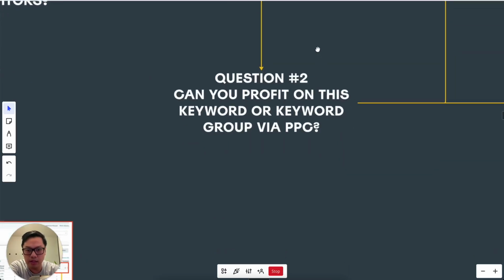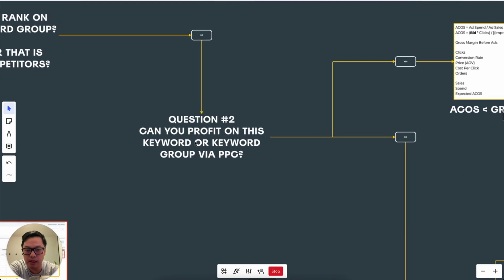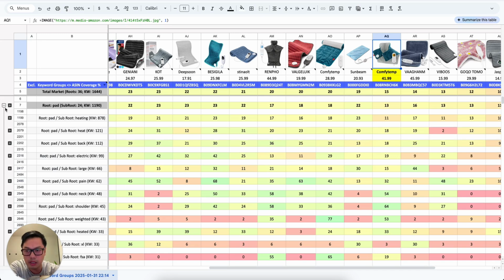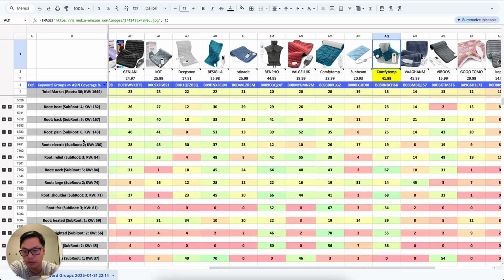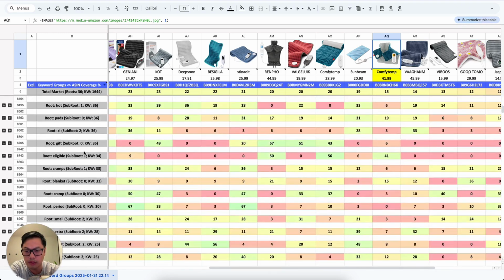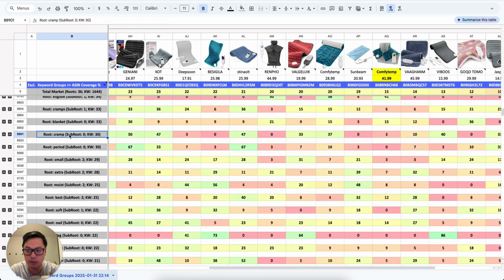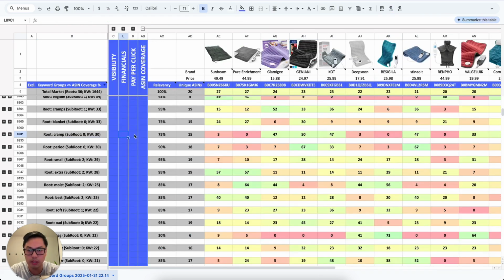If the answer is no, the next question is, can you be profitable on this keyword group via PPC? If we took a look at cramp a little bit further, I won't be able to tell because I don't have the actual PPC data for this. However, I can see the word cramp here, and I can see I have a very low score. Makes complete sense.